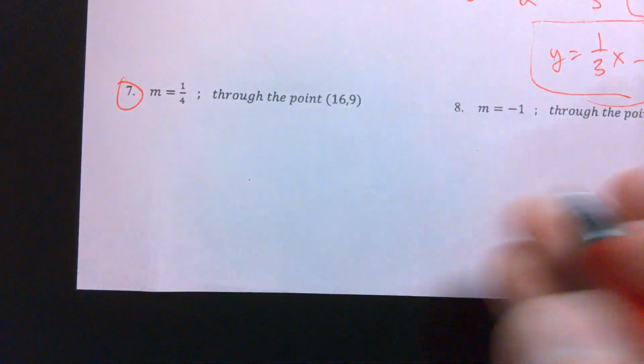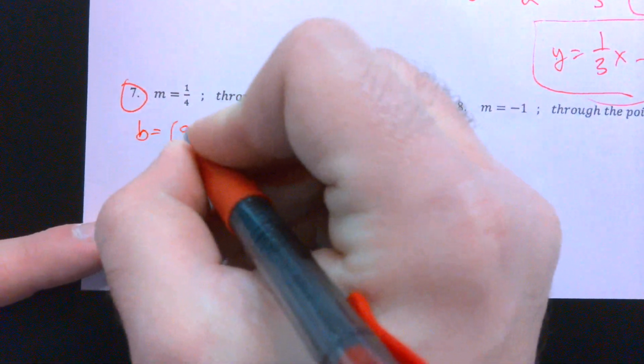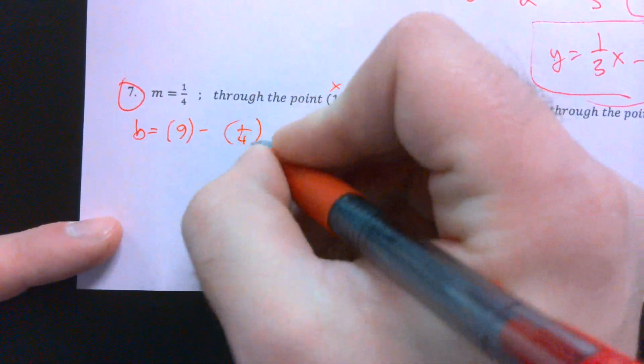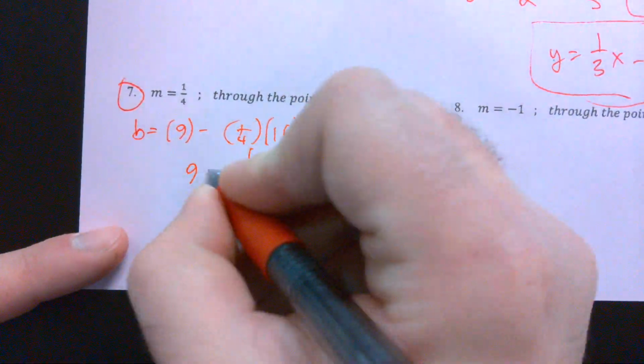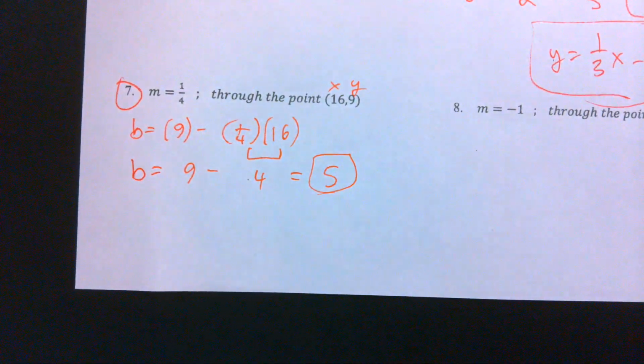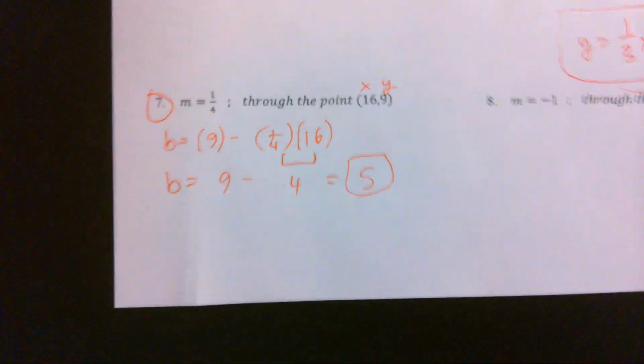Down to 7. Another fraction. 16 is my x, 9 is my y. B is equal to 9 minus 1/4 of 16. What's 16 divided by 4? 4. And 9 minus 4 gives us 5. Look how quick we can do that once we're nice and comfortable and confident with it.